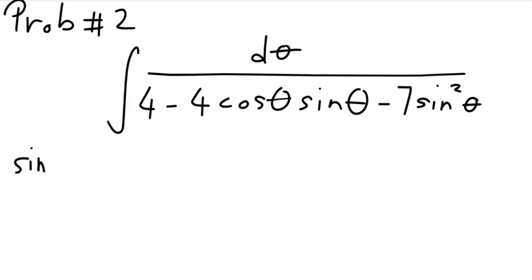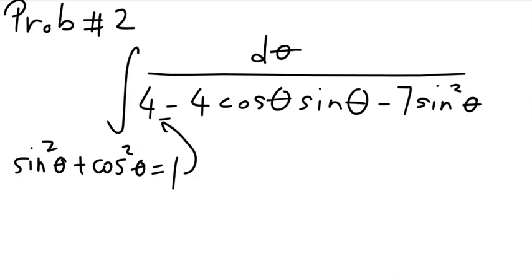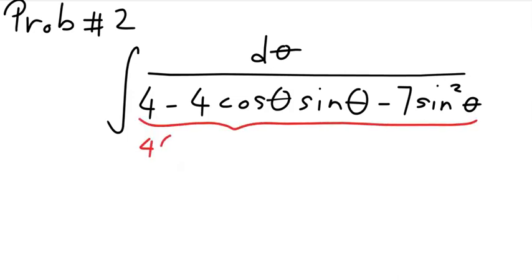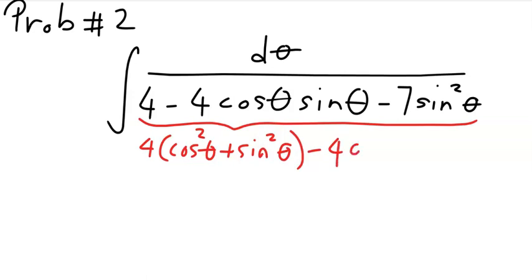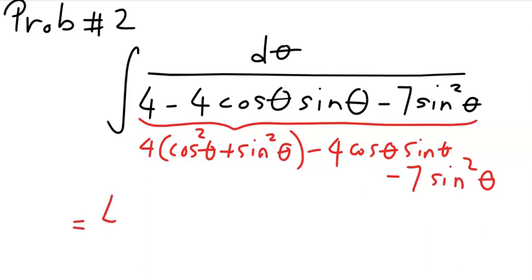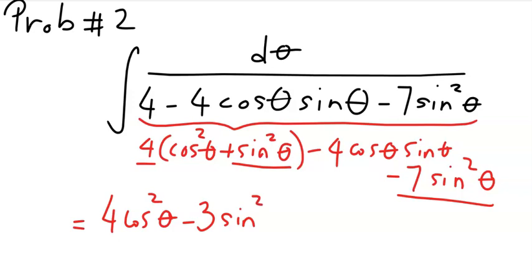By again using the fact that sine squared theta plus cosine squared theta is 1, this denominator can be rewritten in the following manner: 4 times cosine squared theta plus sine squared theta minus 4 cosine theta sine theta minus 7 sine squared theta, which simply becomes 4 cosine squared theta, 4 sine squared minus 7 sine squared is minus 3 sine squared theta, followed by minus 4 cosine theta sine theta.